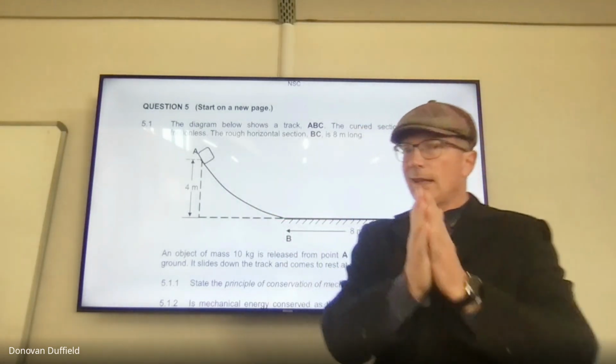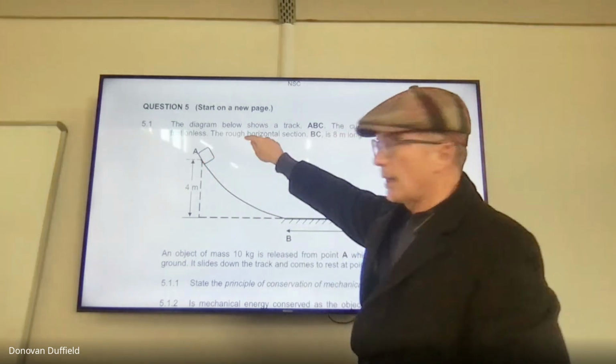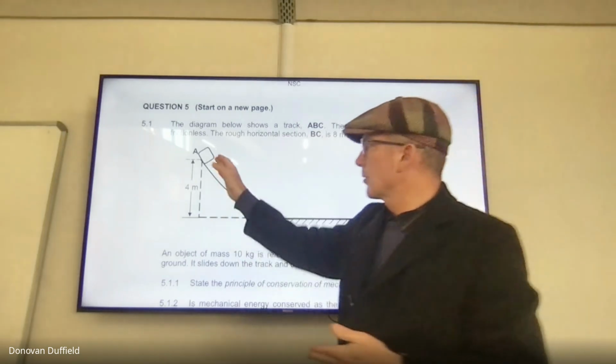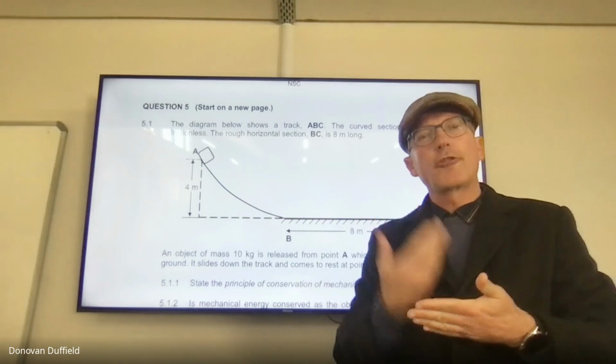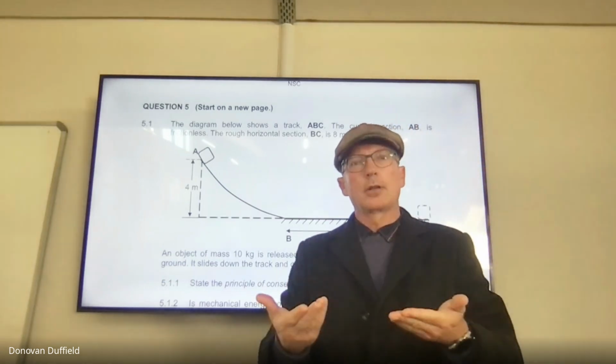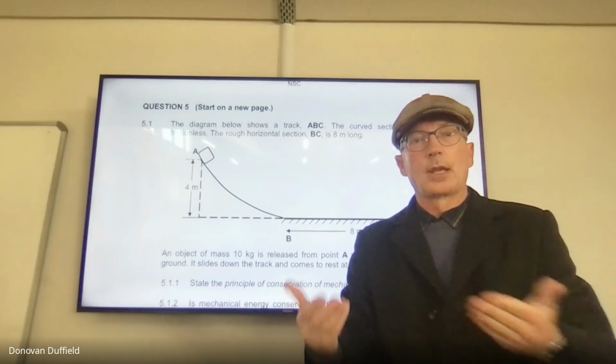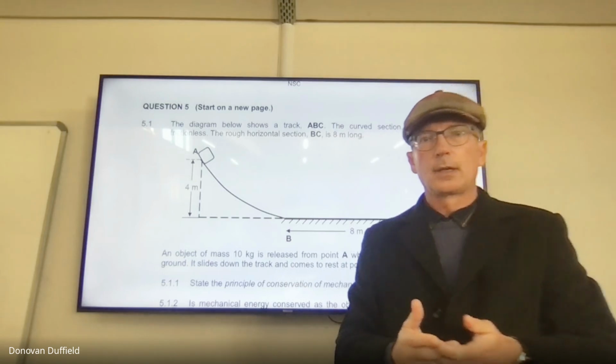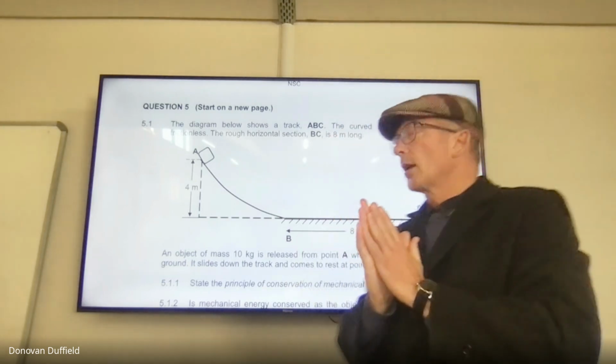There is a normal force acting, but the normal force acts perpendicular to the direction of motion, so it doesn't affect the motion. There's no work done on the object due to the normal force. We'll come to that just now.